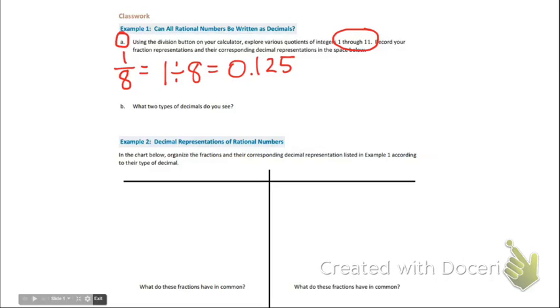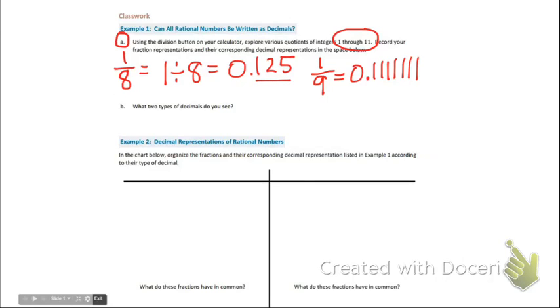Now, some of these are going to get really weird, because if you look at 1/9, for example, you'll come up with something that looks like this: 0.111111. It'll just fill in your calculator screen with ones until it can go no further. As you see, 1 divided by 8 is indeed a terminating decimal.